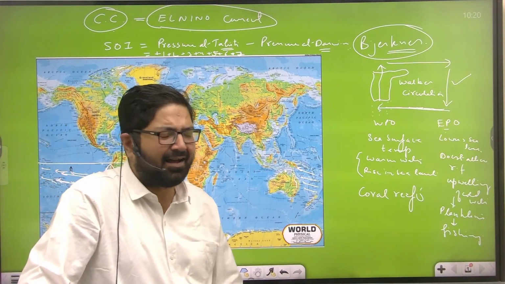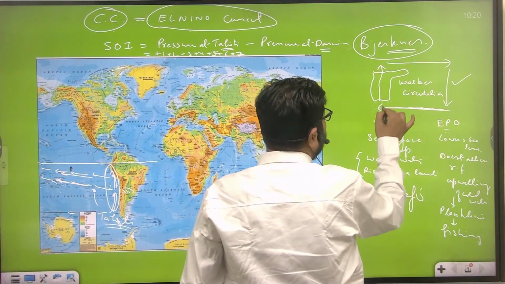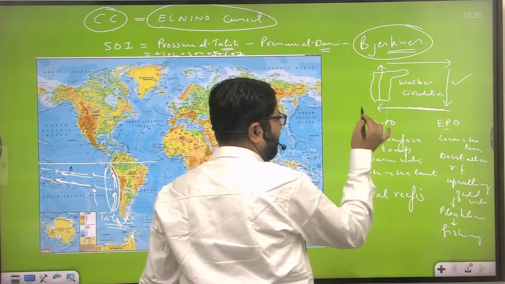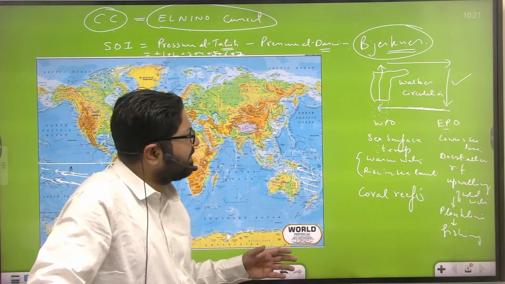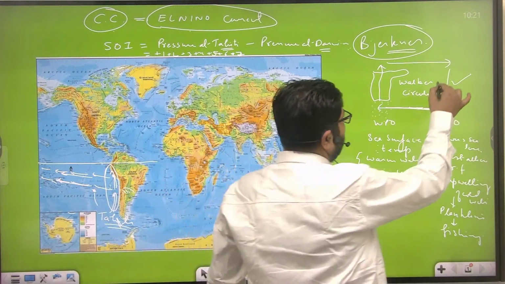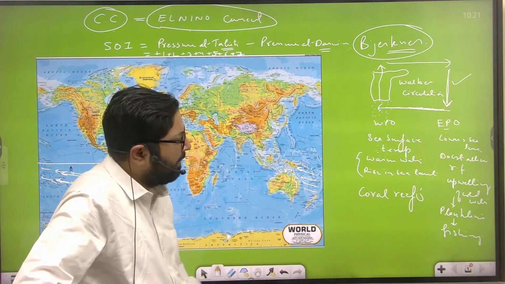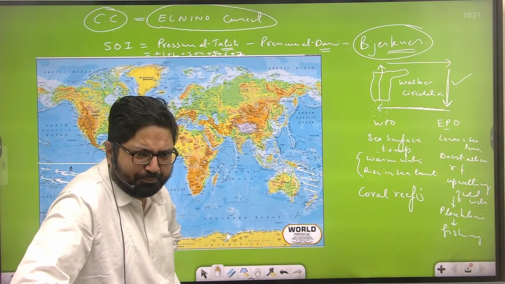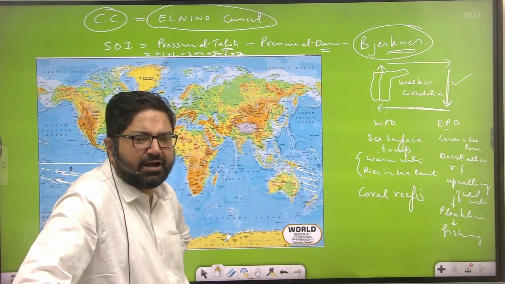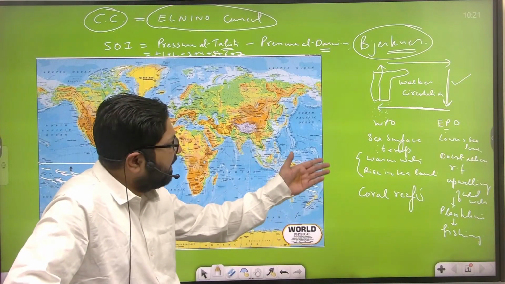La Nina, if it is very strong, these cumulonimbus clouds will cause copious precipitation, copious rainfall over Australia, Indonesia, and basically sinking air will ensure drought condition in western part of South America. But fishing will be thriving, and here coral reefs will be thriving. La Nina ensures a good monsoon. I will explain it soon.